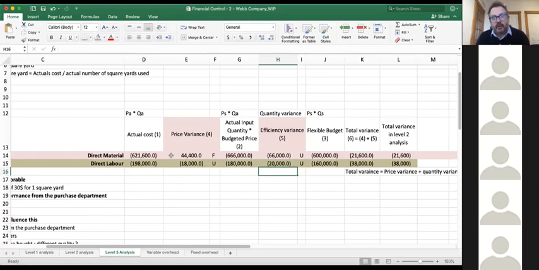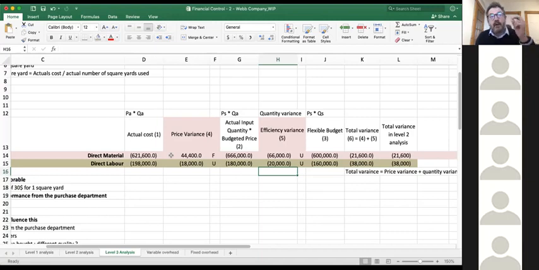So I try to give you a method that reflects the way I understand things, okay? And as you can see, when we calculate the direct labor variances, it's the same approach as for the direct material. It's a quantity variance and a price variance.